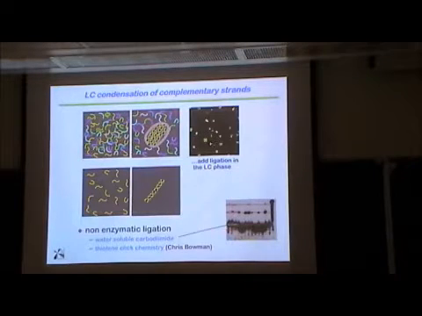So to get to this, there are actually like four steps. There's pairing, duplex formation, then there's aggregation, and then there's condensation, assembly of the aggregates. And then there's the organization of this phase, to get to this point here.